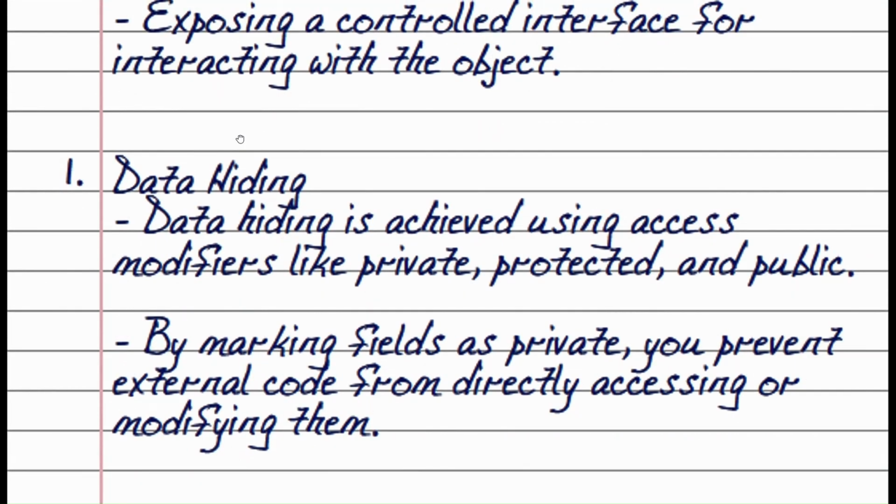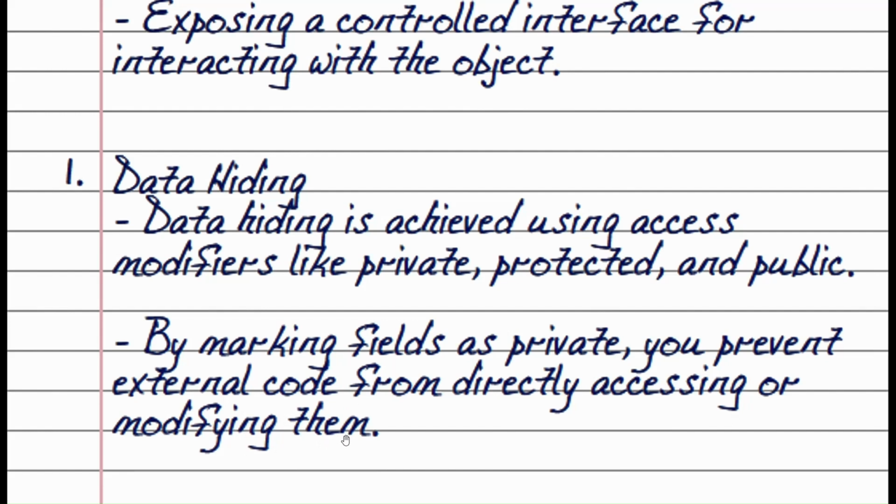Let's see some key features of encapsulation. First point is data hiding. Data hiding is achieved using access modifiers like private, protected, or public. By marking fields as private, you prevent external code from directly accessing or modifying them.